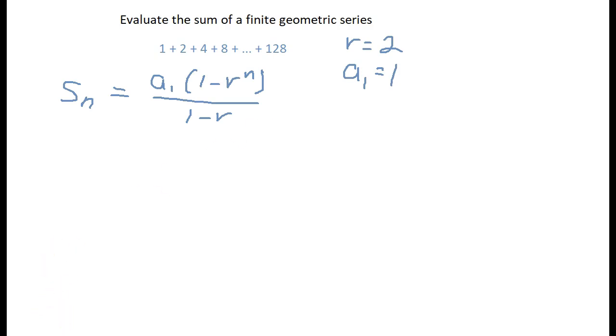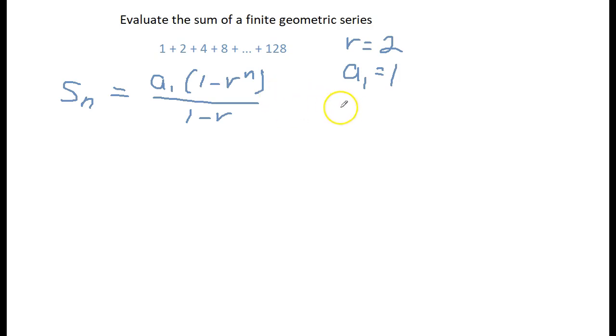The first thing we've got to find here is n. See, we know r, we know a sub 1, but we don't know n, and we can't tell by counting how many numbers are here. So we are going to have to use that explicit formula.